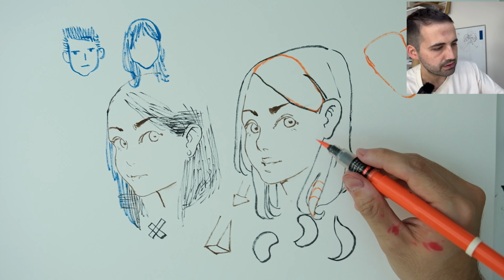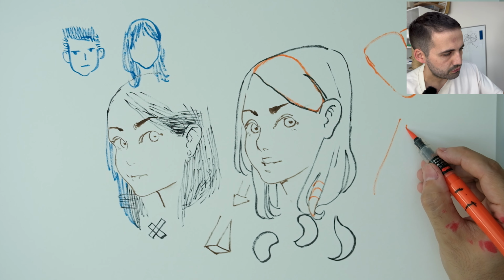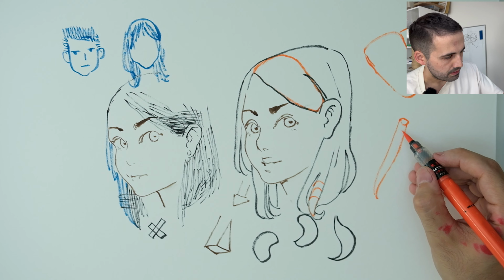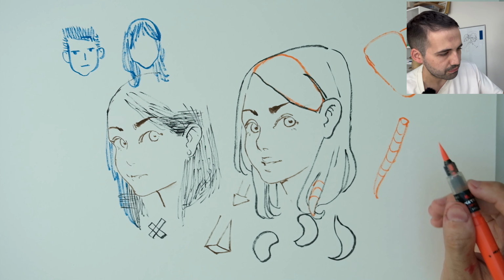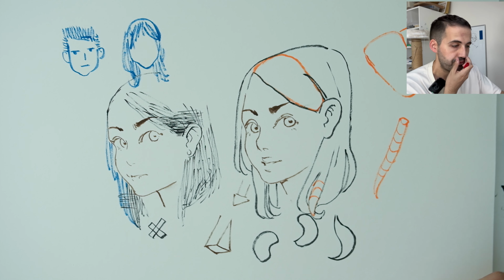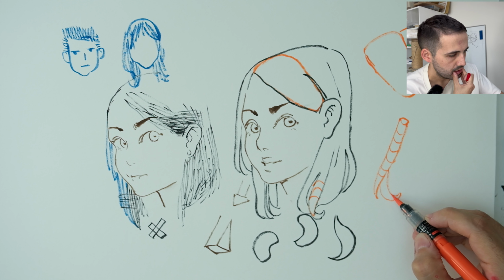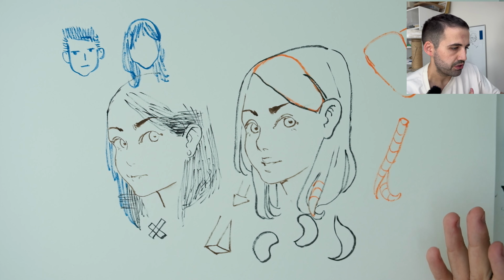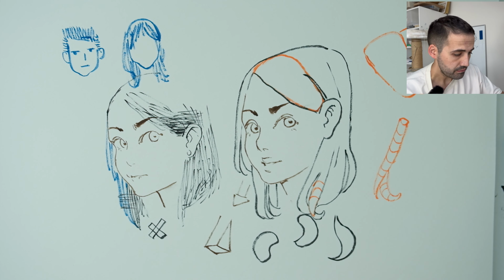And then, for example, these strands of hair are a bit like tubes. I mean, they are tubes. They have a shape to them, a 3D volume to them. So this is a fairly known recommendation: approach hair like this in big 3D shapes.